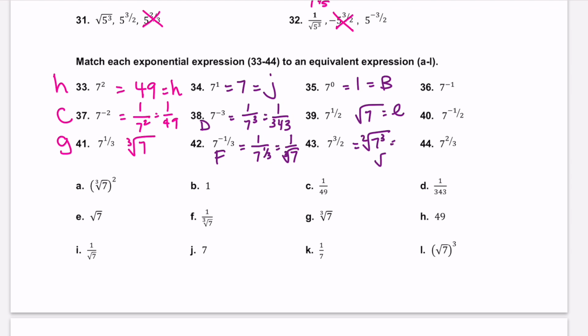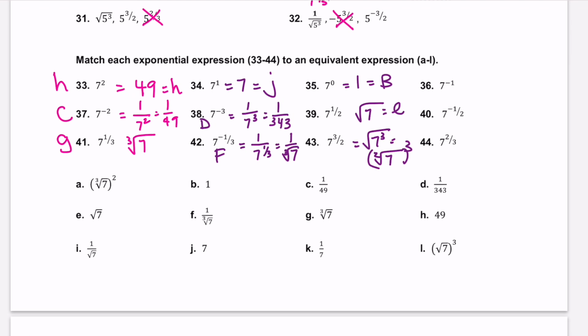You could also say that as the square root of 7 all cubed. Now the square root we don't usually write, so I'm just going to erase these square roots. So we just got to look and see which one matches it. This would be L. 7 to the negative 1 is going to be 1 over 7. That's going to be K.